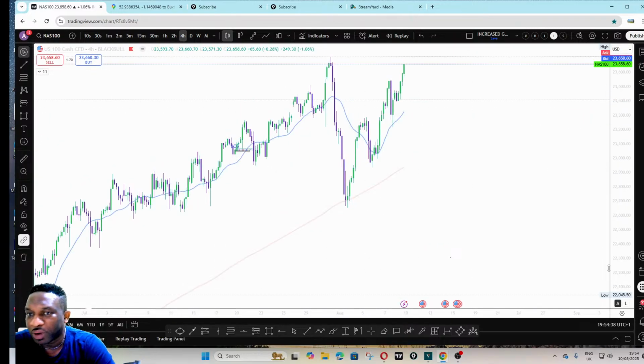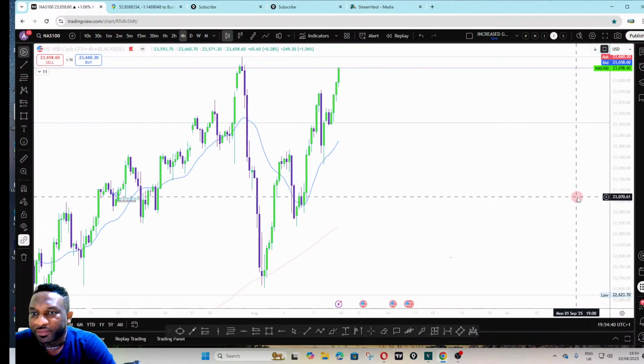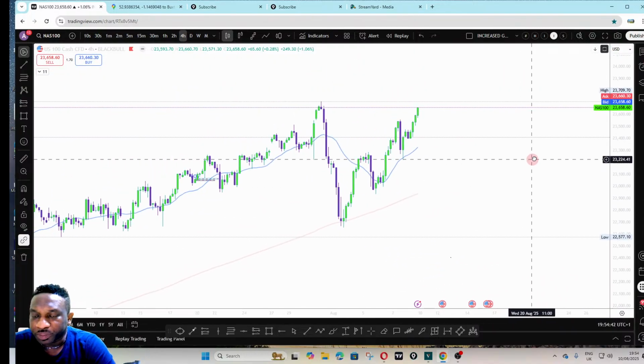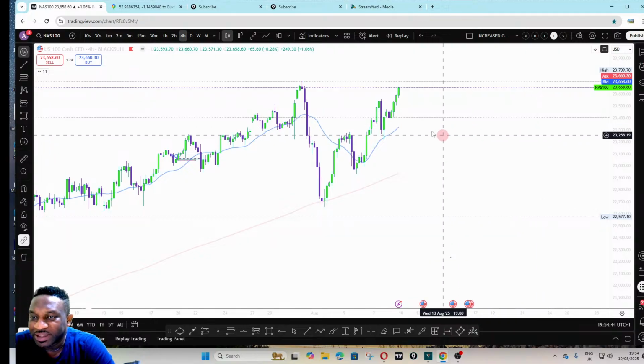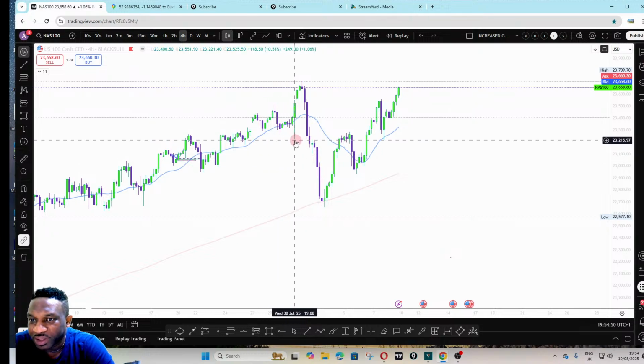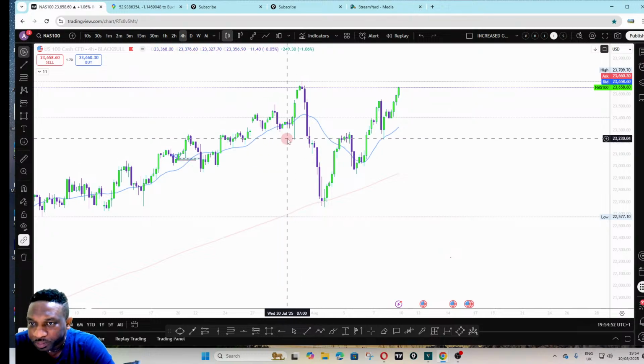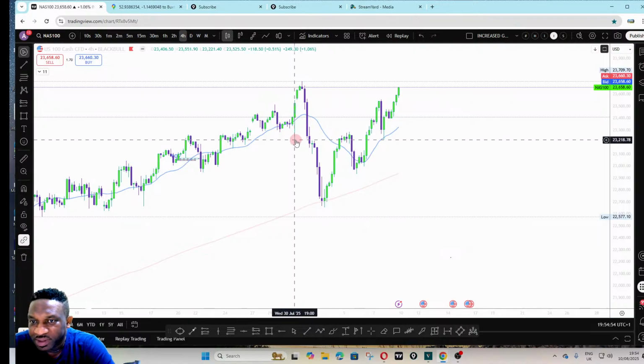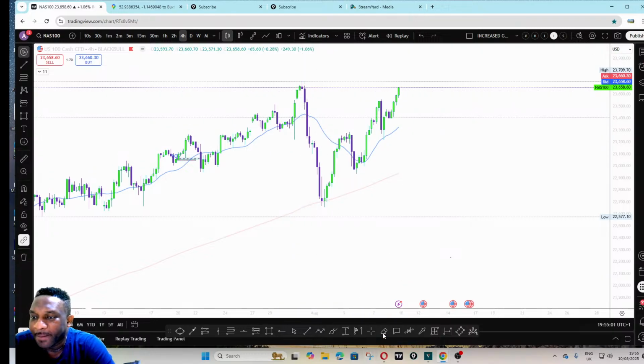If you go to the 4-hour time frame, we can identify from here that there was a push down that caused a break of structure or change of character here, because this is the first move that creates it. So you have a change of character here. The origin of this change of character was from here.